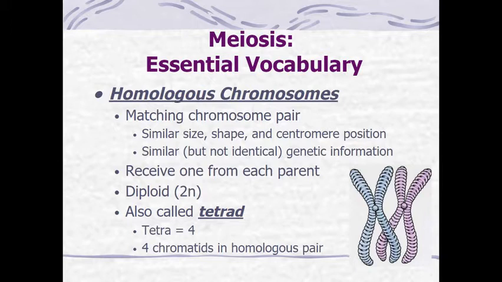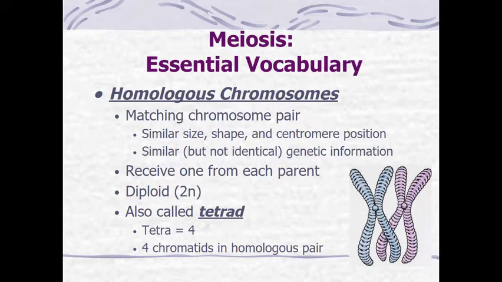So, for example, a homologous pair of chromosomes may have the genetic information for dimples, but one chromosome might say that you are supposed to have dimples, while the other chromosome might say that you're not supposed to have dimples. So it'll have information for the same traits, but the actual information about the trait could be different.